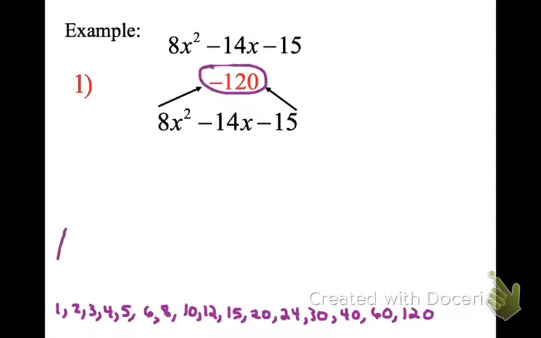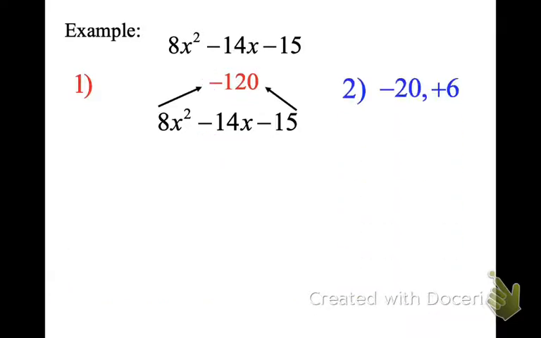I listed all the factors on the bottom, which you can do or not. Then we want to pick 2 that would add to negative 14. It turns out to be negative 20 and a positive 6.